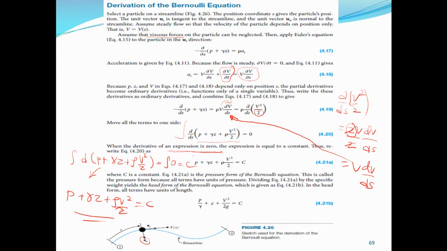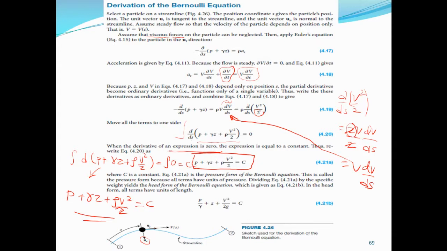So now p plus gamma z plus rho v squared over 2 equals a constant. And if it is equal to a constant, then P1, gamma 1, Z1 is equal to P2, like that, because it's equal to a constant value. It doesn't matter the point.